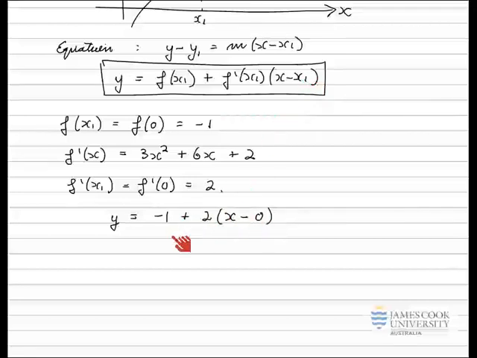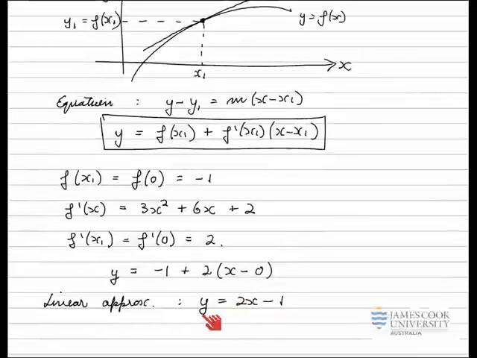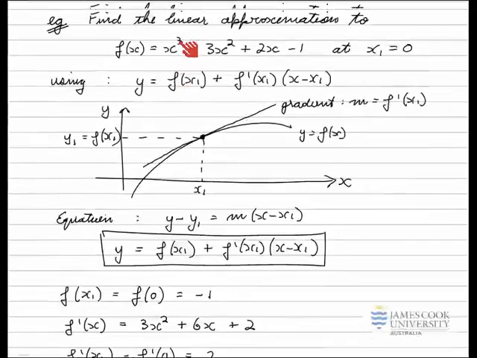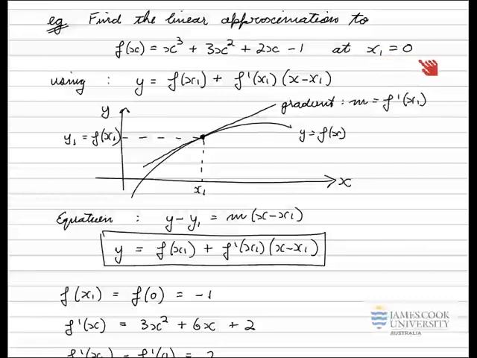Rearranging this, you can see that the linear approximation of the cubic, which was given to us at the point x equals 0, is y equals 2x minus 1. So now a further question might be to demonstrate how good the approximation is. So there's the linear approximation to this cubic at this x value.